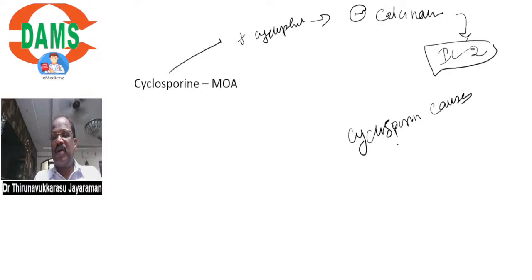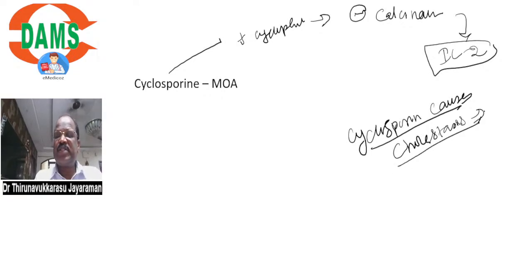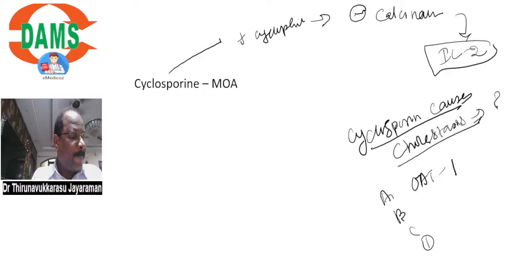Cyclosporine causes cholestasis by what mechanism? What options were given?